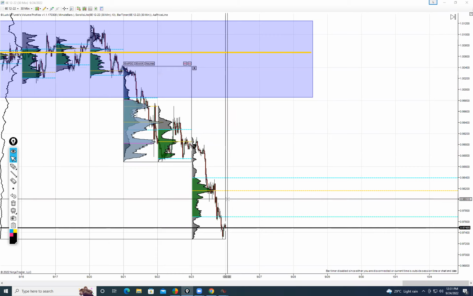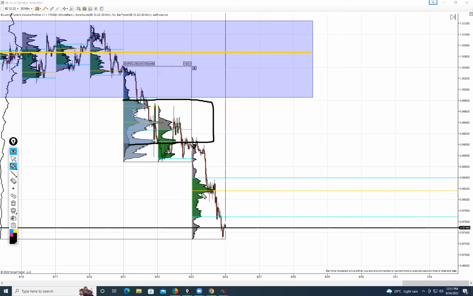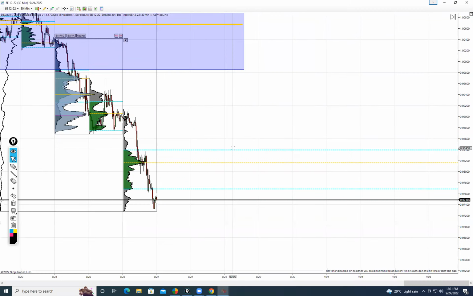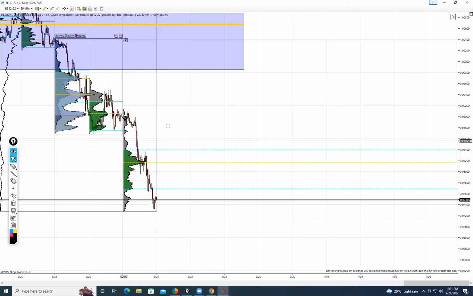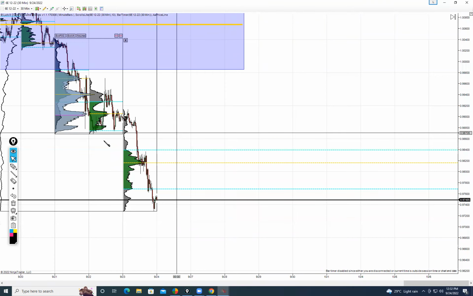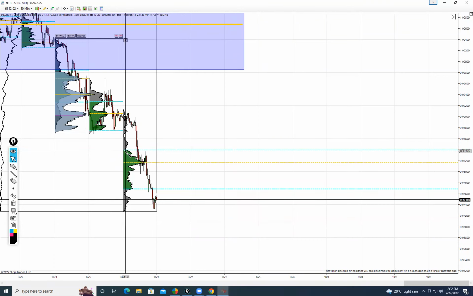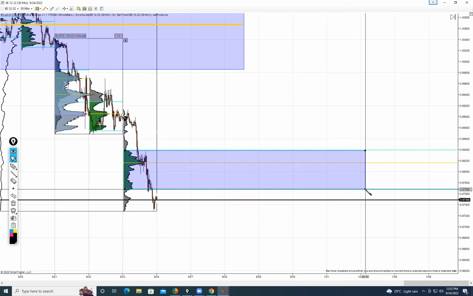So you can see we broke out of this and we have discovered again new value down here that is completely different and distinctive. So when we are coming to Monday, now this is next week. We shall just look at this value area here.